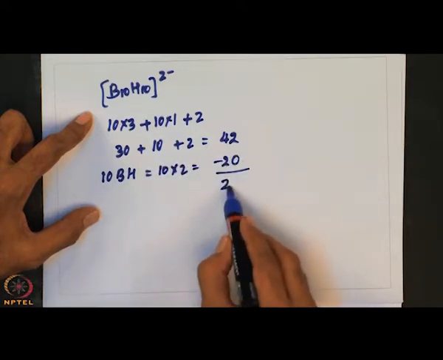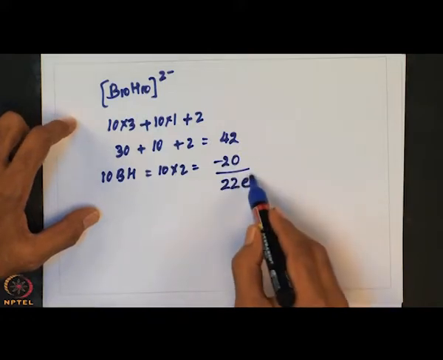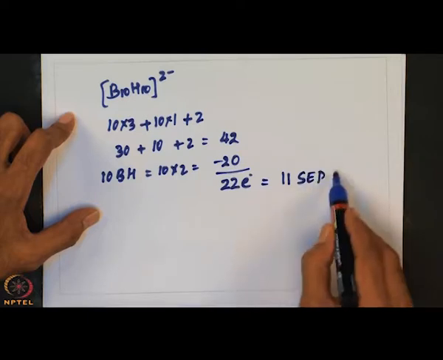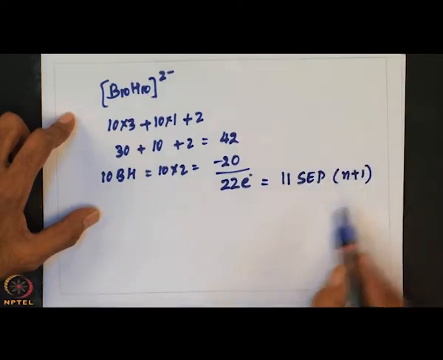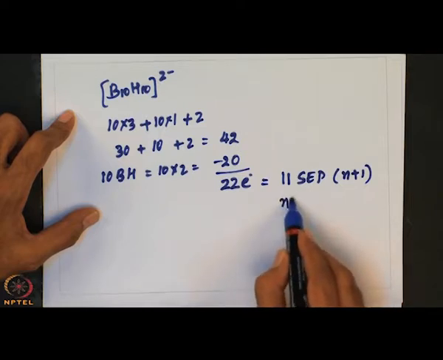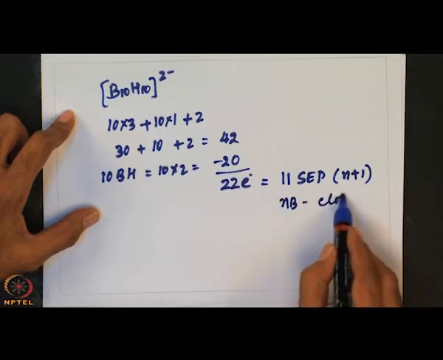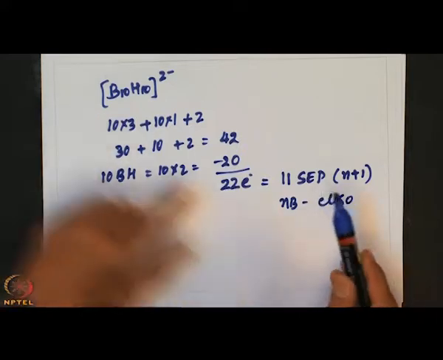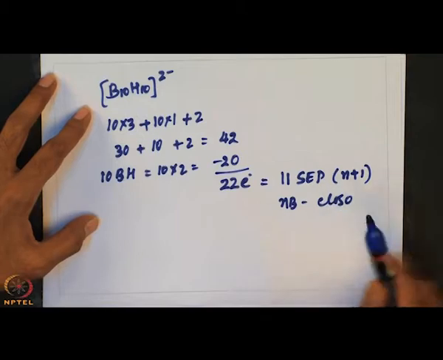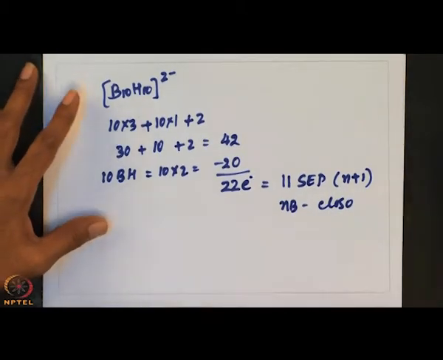So, remaining 22 electrons are there, which is 11 skeletal electron pairs. This will be n plus 1. If we have n boron atoms, this will be closo, and here n is 10. So, this has a closo structure, and this closo structure will have bicapped square antiprismatic geometry.